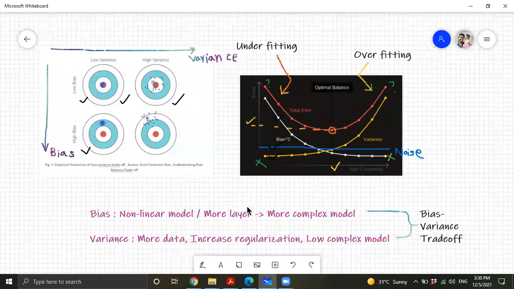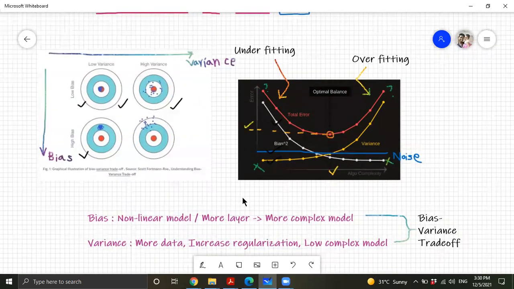So now we know that we need to reduce the error, so we need to take an intermediate value of the bias and variance. But how can we increase or decrease the bias and the variance?